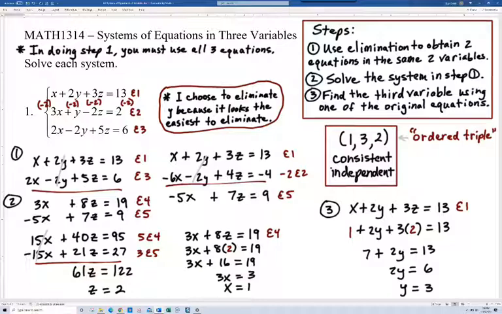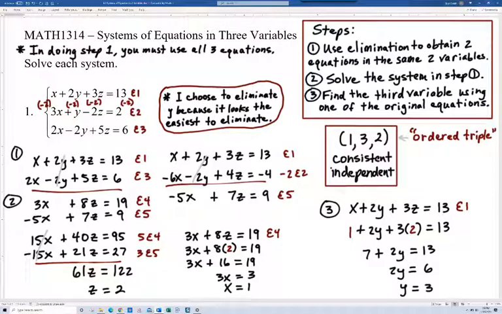The dependent case was where it turned out graphically that we had two equations that were equivalent. If you graph them, you get the same line. That's the case where we said there were infinitely many solutions. That's not what we have here. This is our most common case where we have a single point of intersection. This is not a dependent system, it's independent.